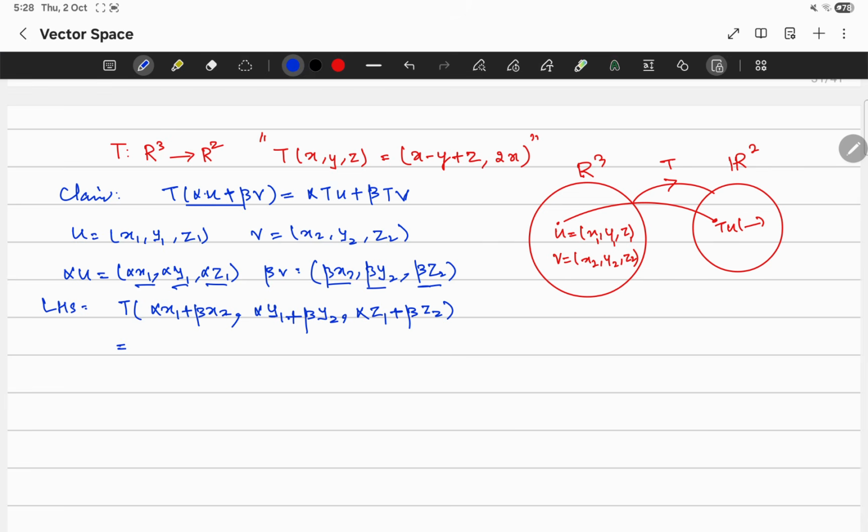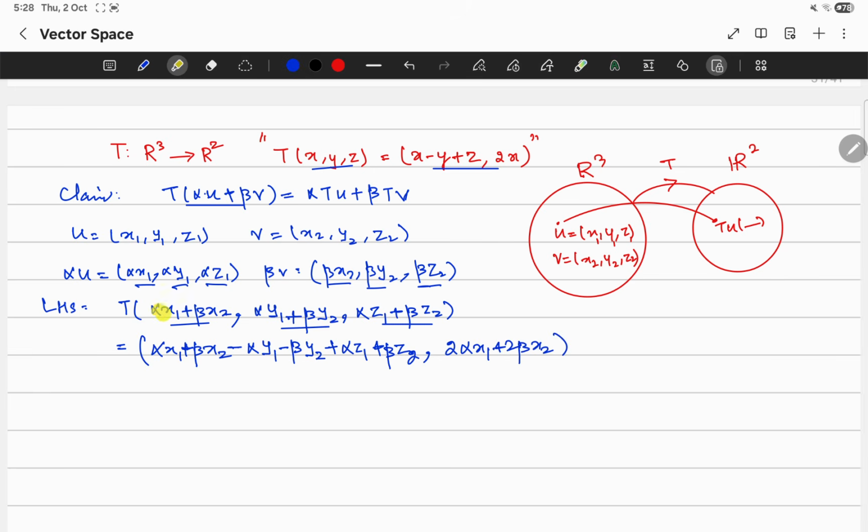So now apply the T here. The T says that if you give me the three coordinates, you will get the two coordinates. In this way, first you have to subtract the first two coordinates, then add the third coordinate, and 2 times x. So this is your x, this is your y and this is your z. So what you have to write: alpha x1 plus beta x2 minus your y, that is minus alpha y1 minus beta y2, and similarly plus z, so plus alpha z1 plus beta z2, and 2 times x, so that is 2 alpha x1 plus 2 beta x2.